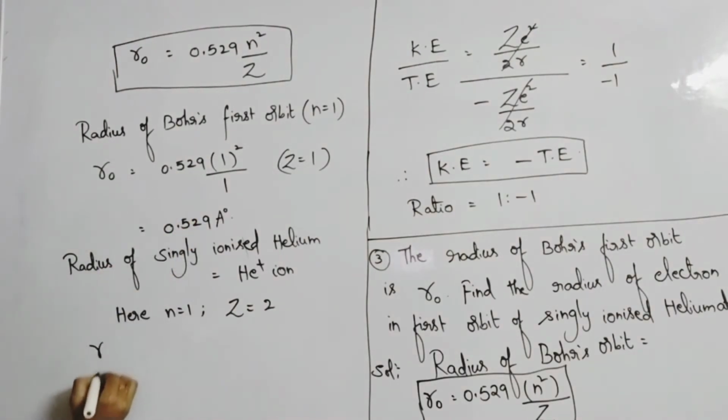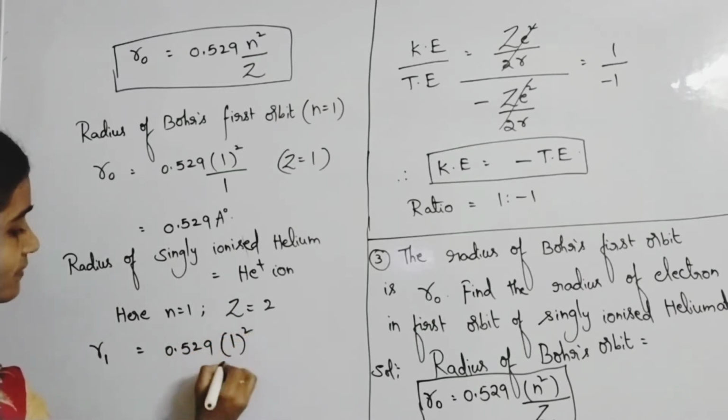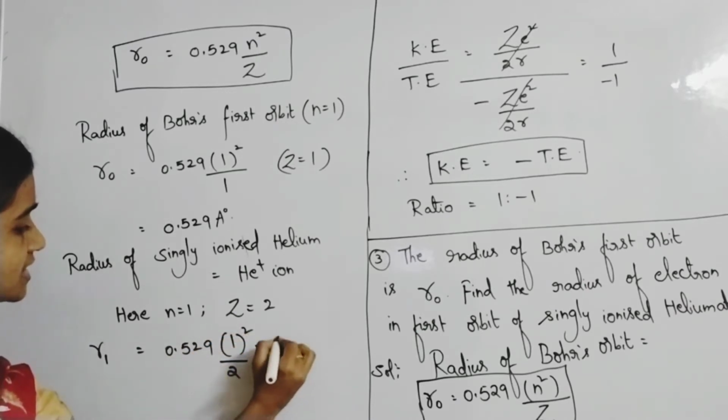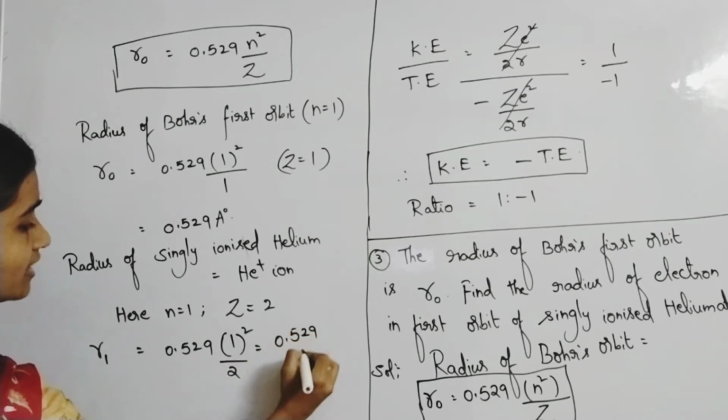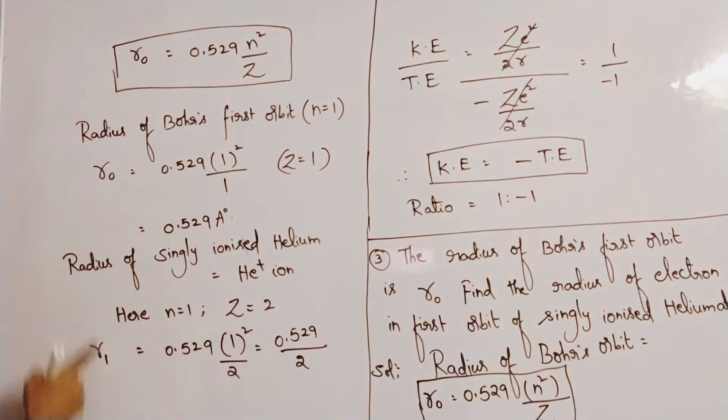Therefore the radius of the first orbit for helium, R1, is 0.529 into 1 square by 2, that is 0.529 into 1 by 2. So this is R1, this is R0. What is he asking for? The radius of the electron.